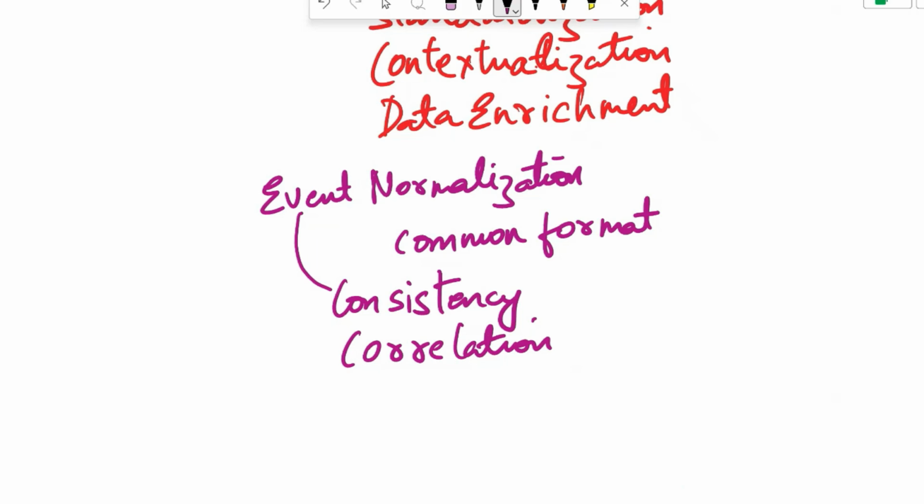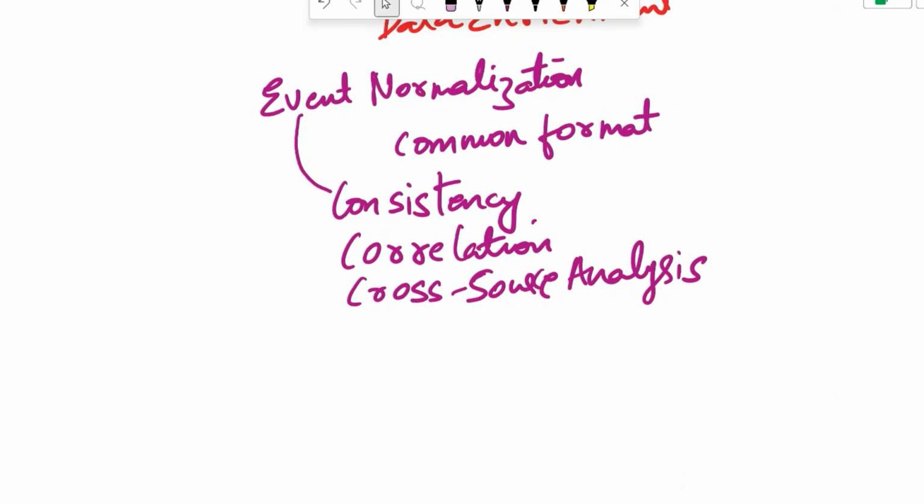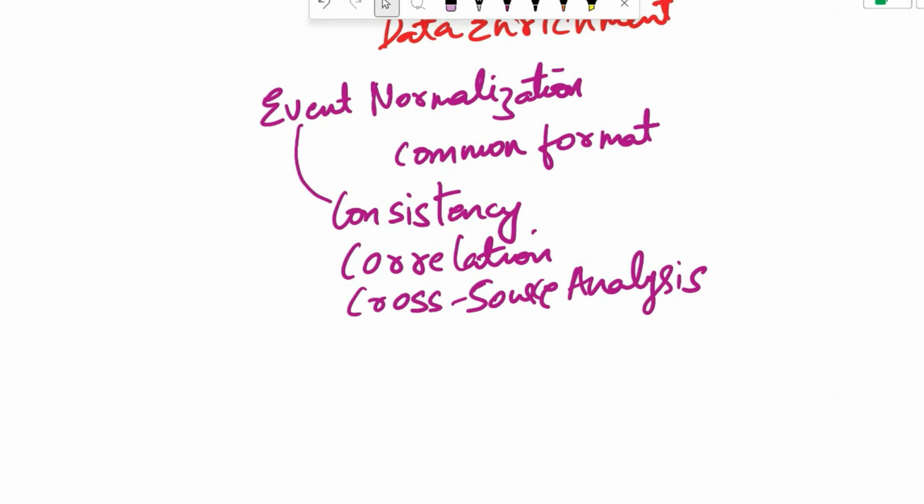Next is correlation. Normalized events can be more easily correlated across diverse data sources, helping to identify complex attack patterns that span multiple systems. Cross-source analysis. Normalized data enables accurate comparison and analysis of events from different systems, leading to more accurate threat detection.